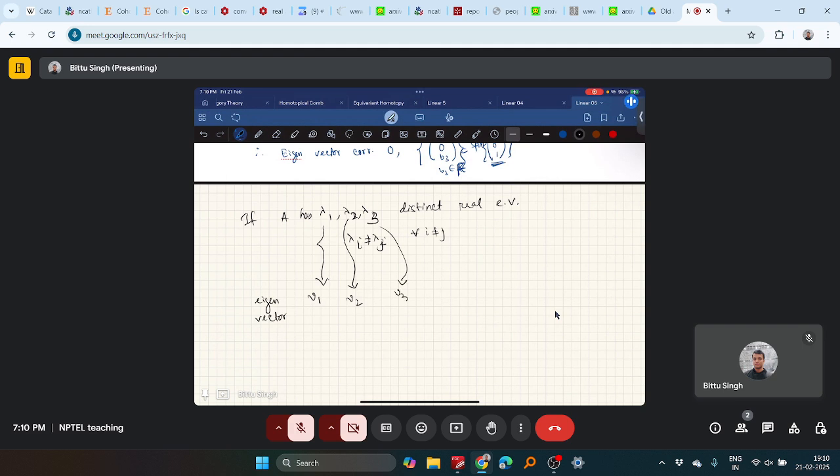For lambda 3 we get another, v3. By the observation in the previous problem, we have seen that v1, v2, v3 are linearly independent.